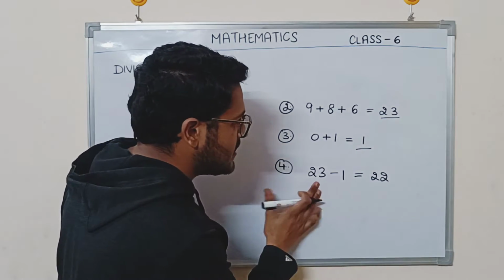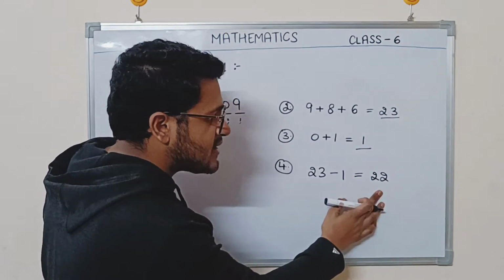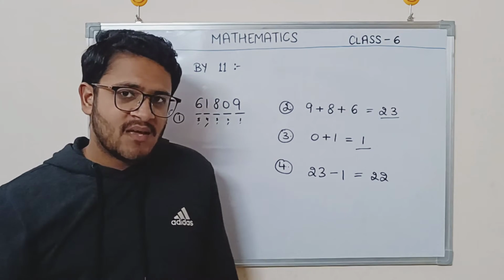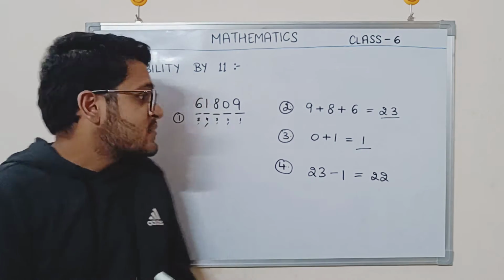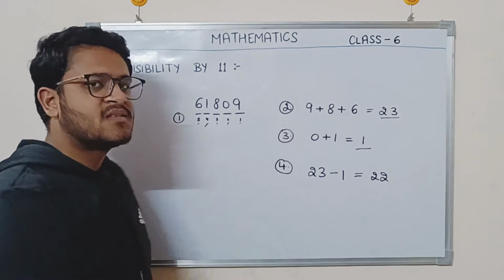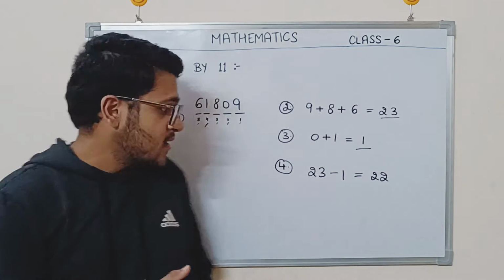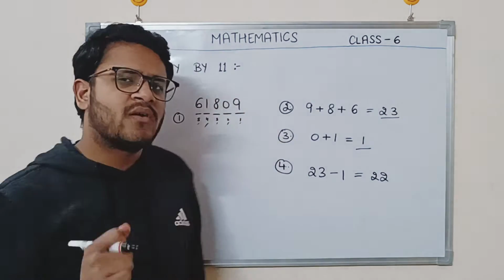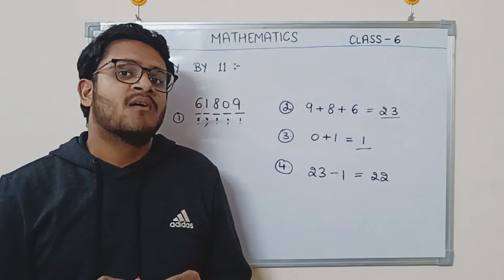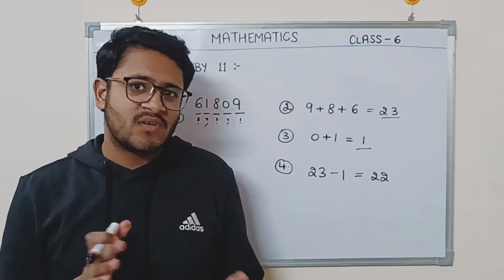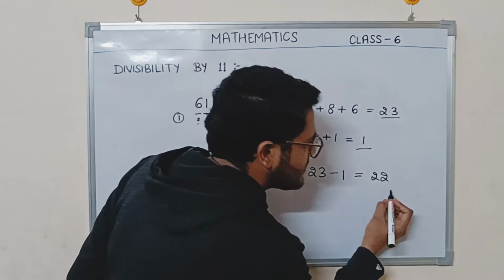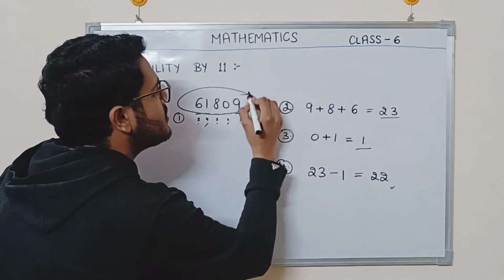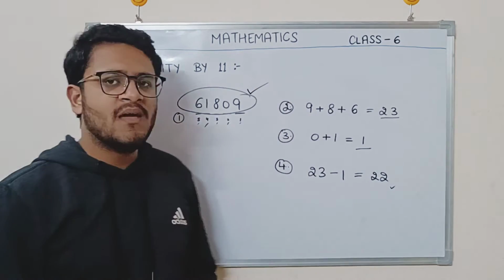Now we have to see if this difference, which is 22 in our case, is divisible by 11, then this whole number is divisible by 11. Is 22 divisible by 11? Yes, 11 2s are 22. As it is divisible by 11, this whole number is also divisible by 11.